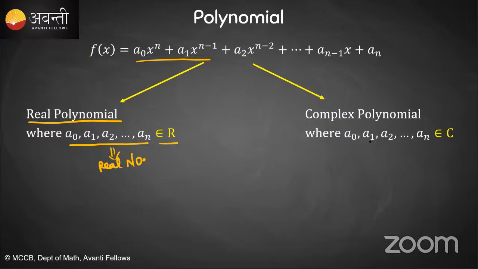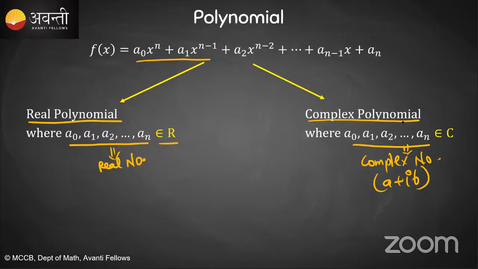And if a0, a1, a2 up to an belong to C, meaning complex numbers, it means they are of the type a plus iota b. Then you will say that it is a complex polynomial. Is it clear? So when each and every constant a0, a1 up to an is a real number, then it is a real polynomial.